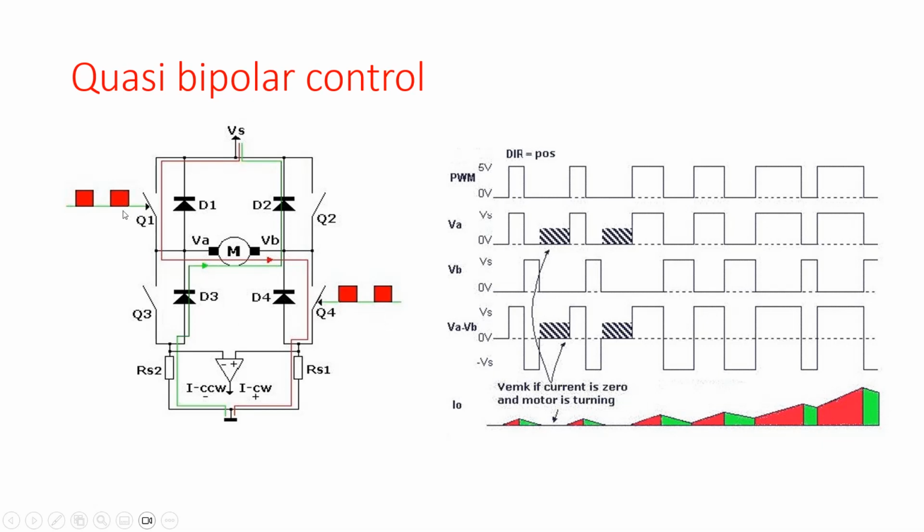When the PWM is set to 0, then all MOSFETs are open, and the current will flow according to the green arrow, through D3, and when D3 is an ideal diode, then VA is connected to the ground, so it's 0.